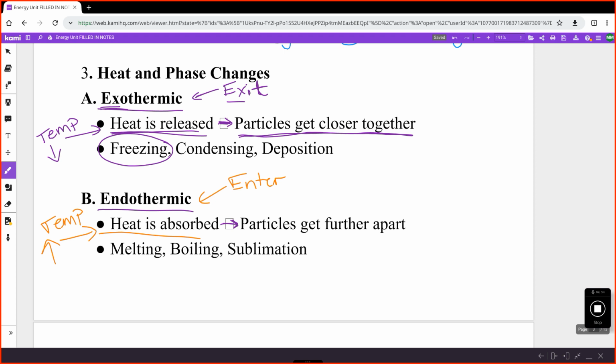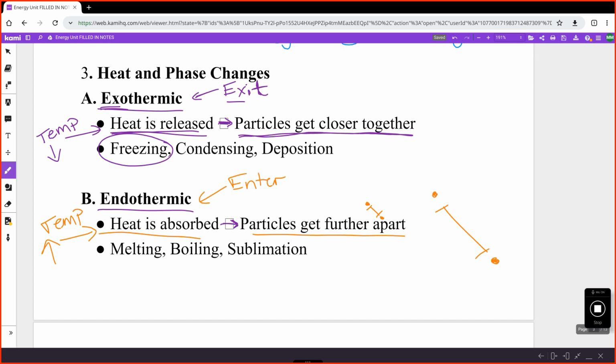Particles get so much potential energy that when they're moving so fast and moving so fast and moving so fast, they eventually break apart from one another. They change phases. They get more potential energy, greater distances, right? Great distance between the molecules versus this distance.